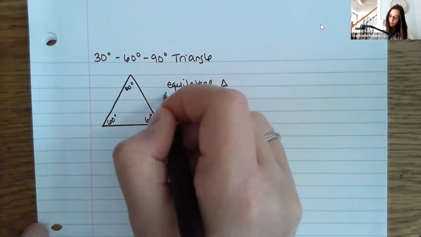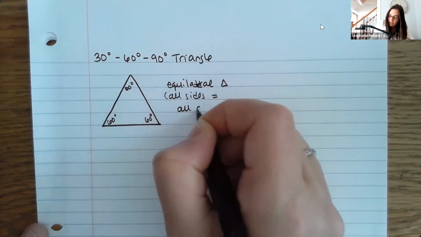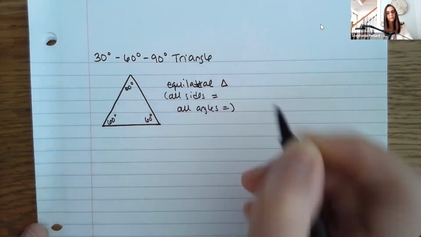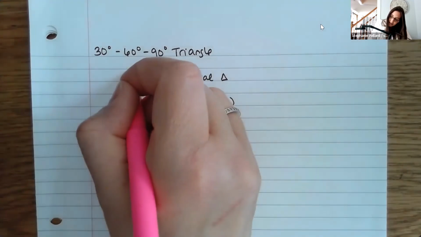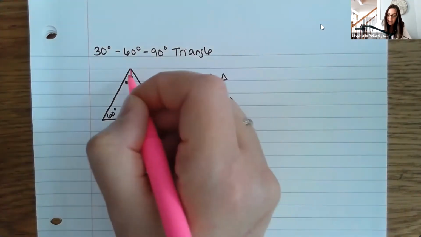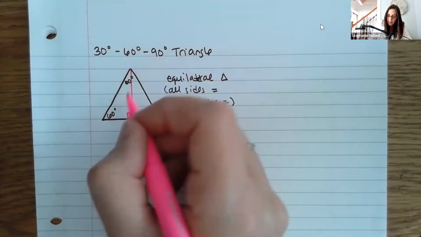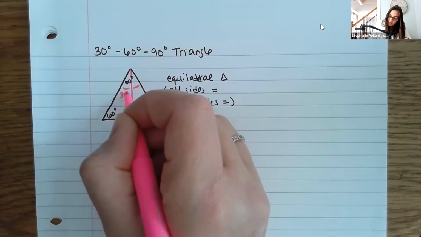All sides are equal, which means all angles are also equal, so all angles are 60. Then to get the 30 degrees and to make it a right triangle, they cut it right down the center. So I'm able to form a 90-degree angle here. And if I cut this angle in half, then each of these becomes 30 degrees.